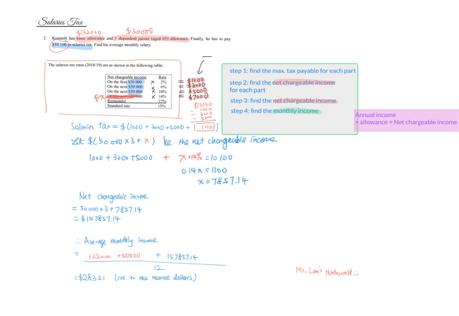This is part 1, part 2, and then part 3 will be, after we find the value of x, we find the net chargeable income. That means I add all of them together. Finally, the annual income becomes allowance plus net chargeable income, which helps us find the average monthly salary.